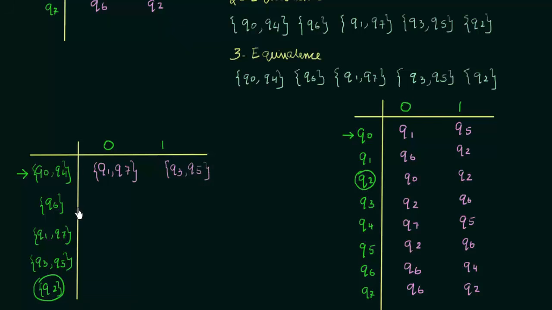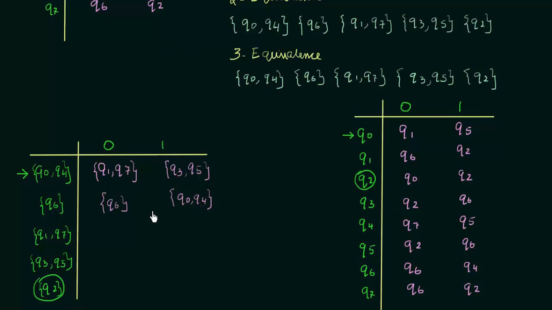Okay, now Q6, where does it go? Q6 on getting input 0, it goes to Q6 itself. Here also Q6 is my Q6 itself, and on getting input 1 it goes to Q4. So instead of Q4, what I have to write? Q0, Q4, the state that contains Q4.